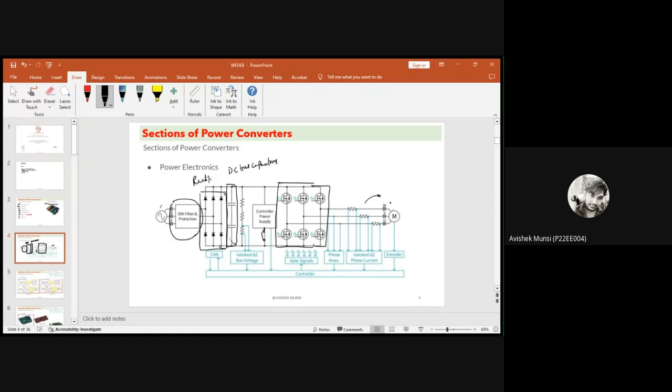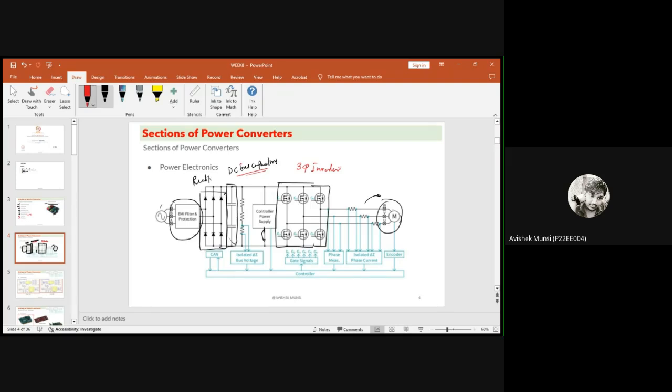This is a motor which is used for driving. This is the three-phase inverter. We were to discuss the DC bus capacitors, why we use them to maintain a constant DC voltage across it, and these are the resistances which are used for sensing the DC voltage. We will discuss it in a few more lectures.